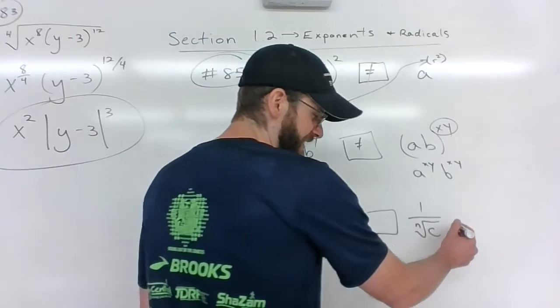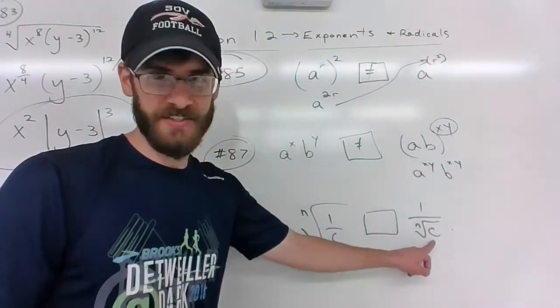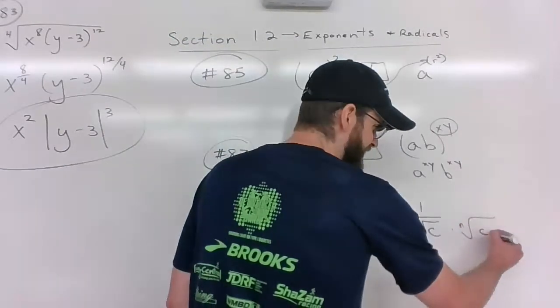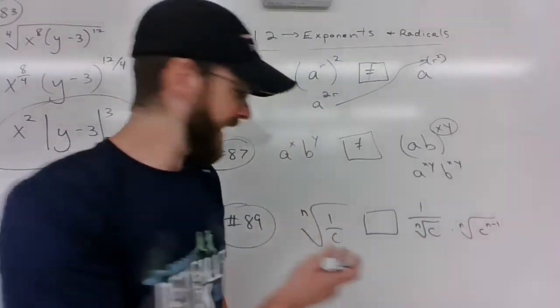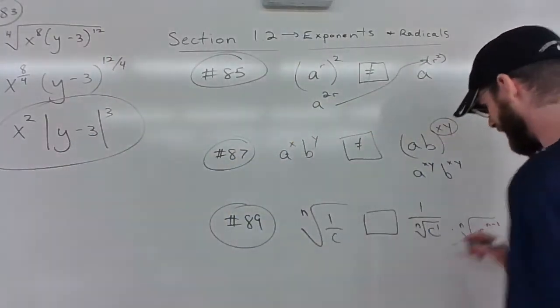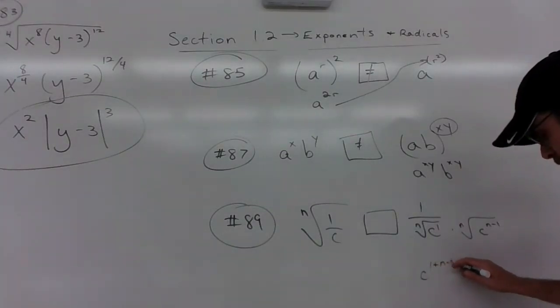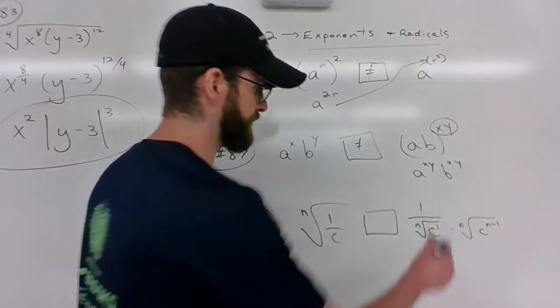You need n c's, right? C to the nth power to make this just a regular c on the bottom. So you'd multiply it by c to the n minus 1, because you've got one of them. So it'd be c to the 1 plus n minus 1. Boom. That would actually make c to the n. And then you multiply it up top here.